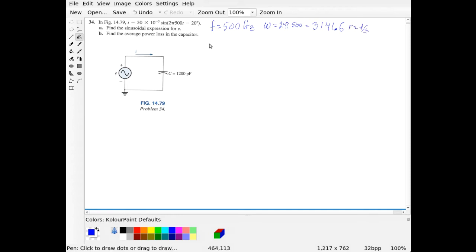And when we calculate X of C, remember, C is the capacitance of this device. X of C is what we call the reactance. The reactance is the opposition to current flow.